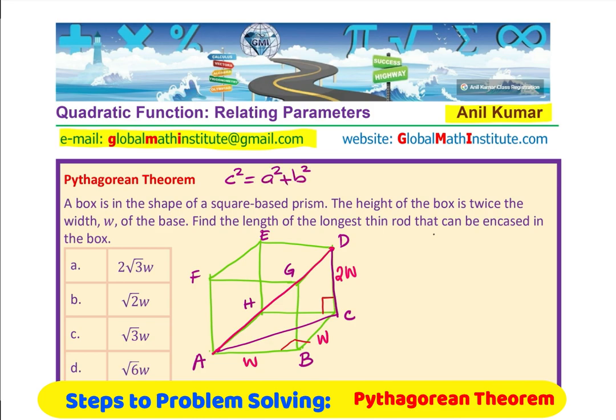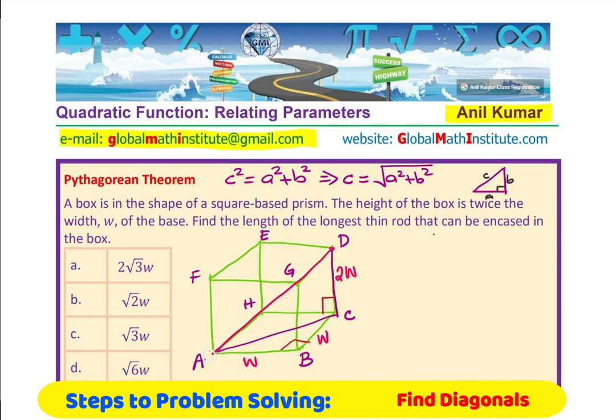From here you can also calculate c as equal to the square root of a square plus b square. Here a, b, c are sides of a right angle triangle, c being the hypotenuse, the longest side, and a and b are the other two sides. So that is the Pythagorean theorem.